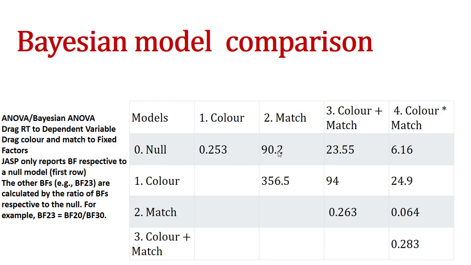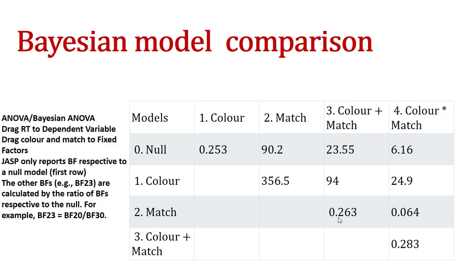So let's compare the model with the two variables, and the two variables plus the interaction, against match. Adding color plus match is almost 4 times less likely than match, and adding the interaction is even worse.